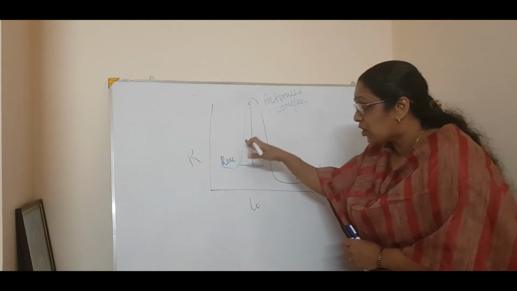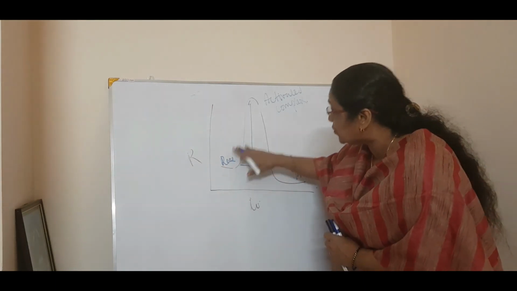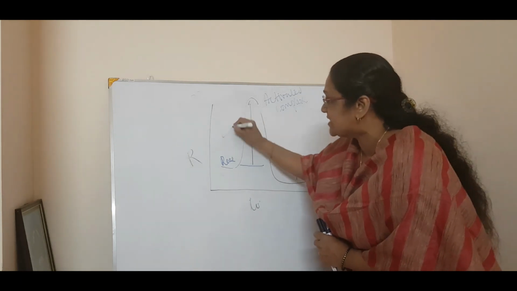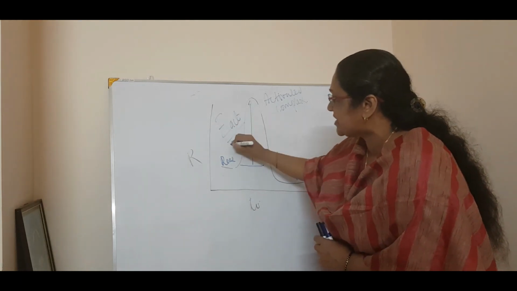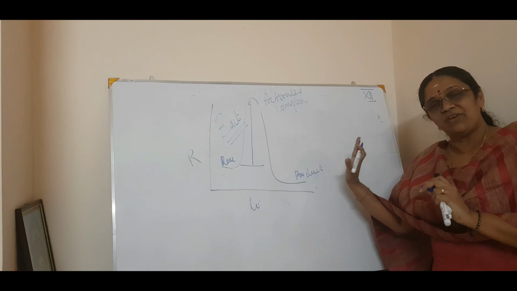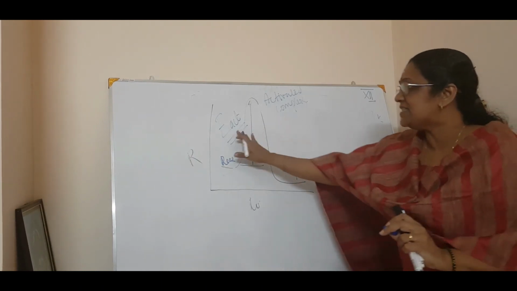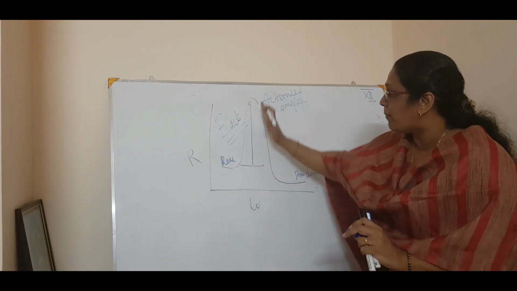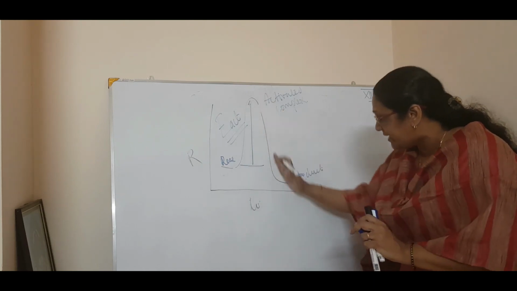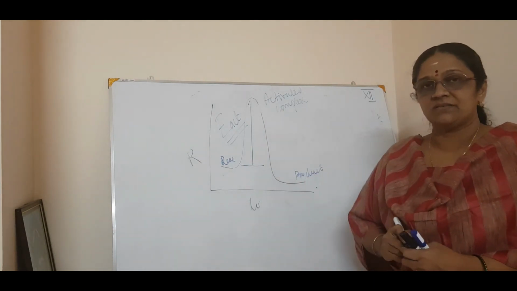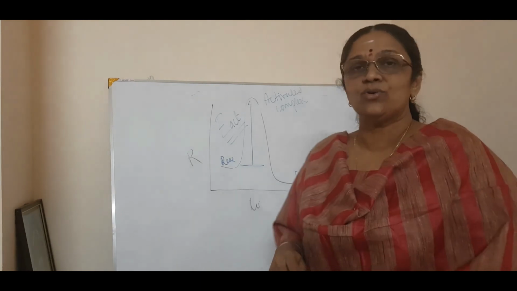The energy required to convert the reactant to this complex or transition state is called the activation energy. Just to have a note of that. So you know what the activation energy is: a reactant forming a complex, then it will convert to product. So these are the two things I want to mention.